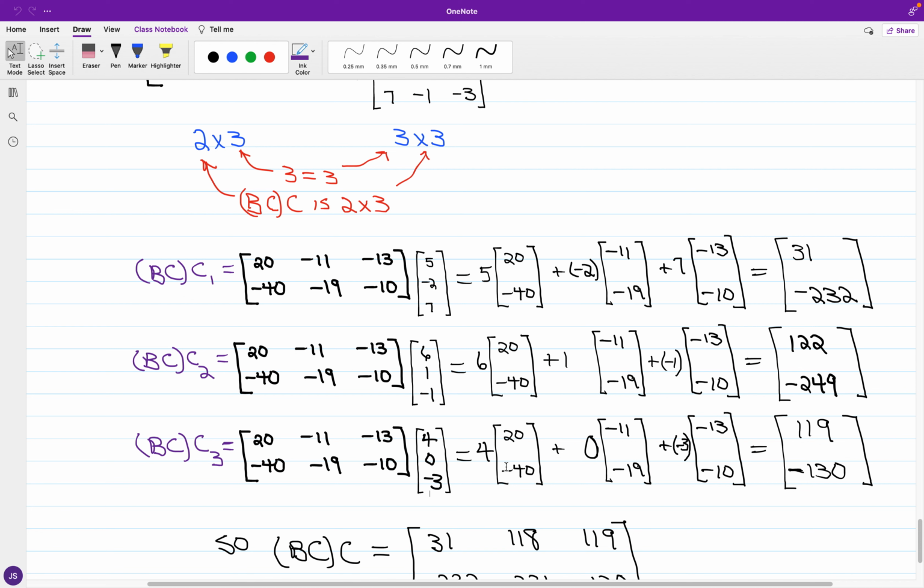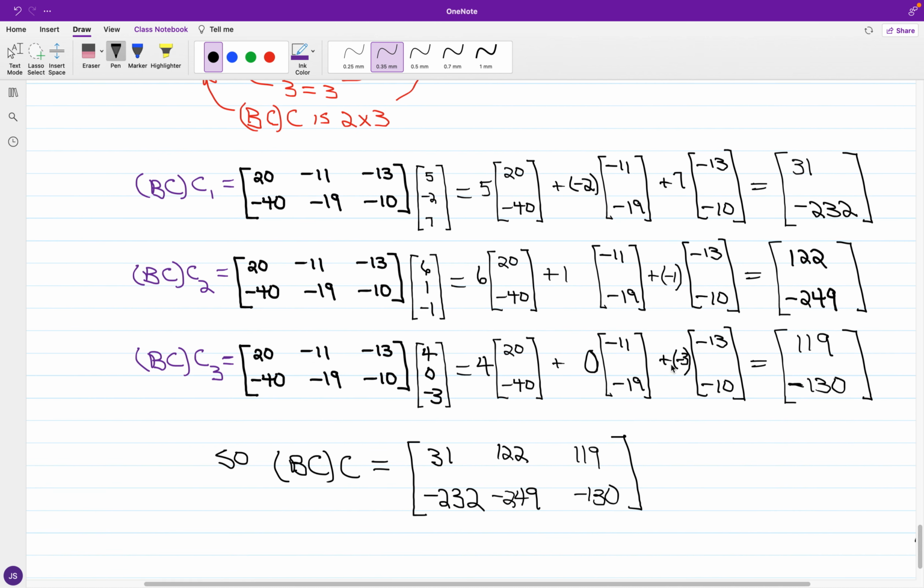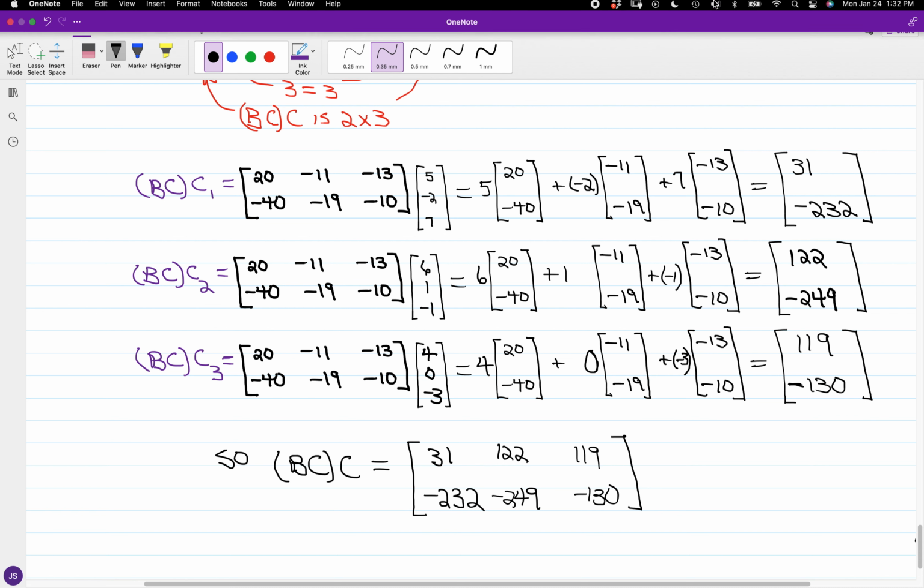And looking at taking the products and adding together, and we have the top number comes out to 119, and the bottom number comes out to negative 130. So looking at putting it all together, okay, so we got 31, negative 232, 122, negative 249, and finally we have 119, negative 130. And again, the product is a 2 by 3 matrix.